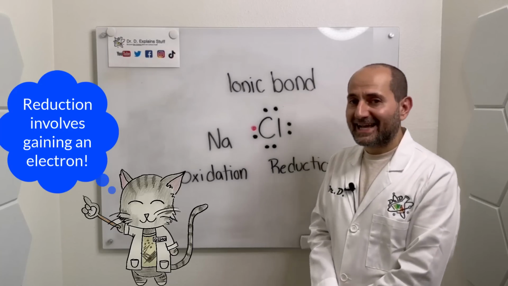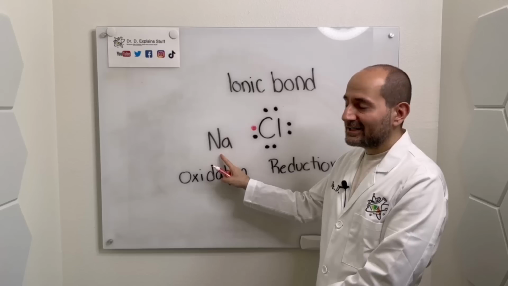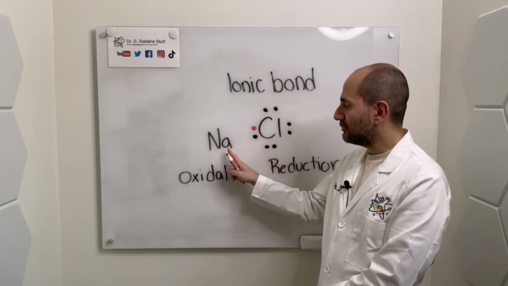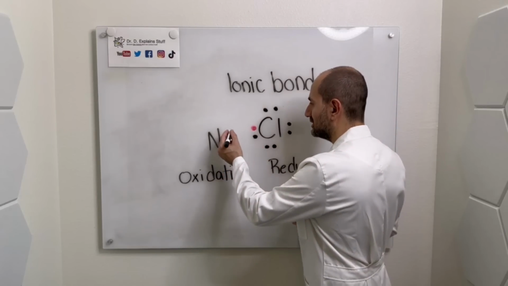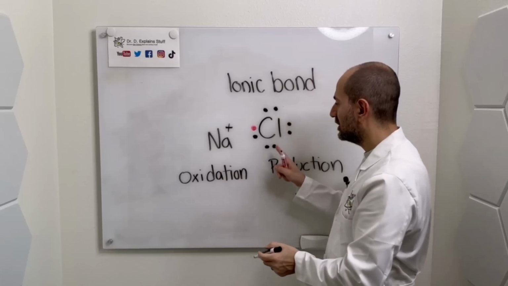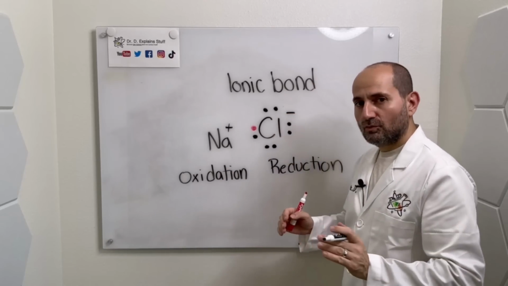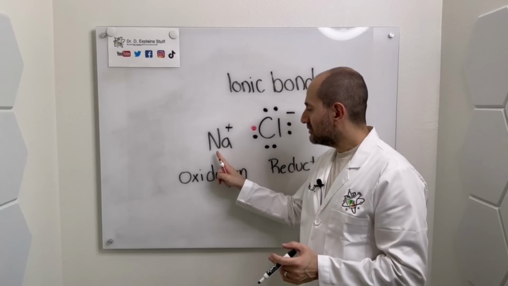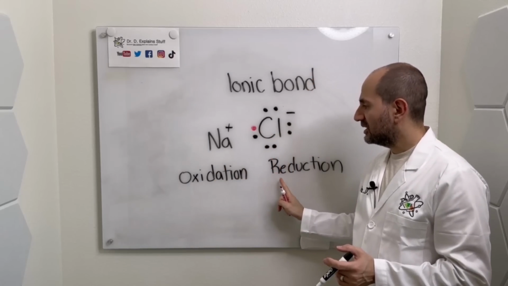So, in the reaction where the sodium atom meets up with the chlorine atom, remember what happened? Sodium lost its electron and now has a positive charge. Chlorine gained an electron. So what scientists would say is that sodium was oxidized and chlorine was reduced.